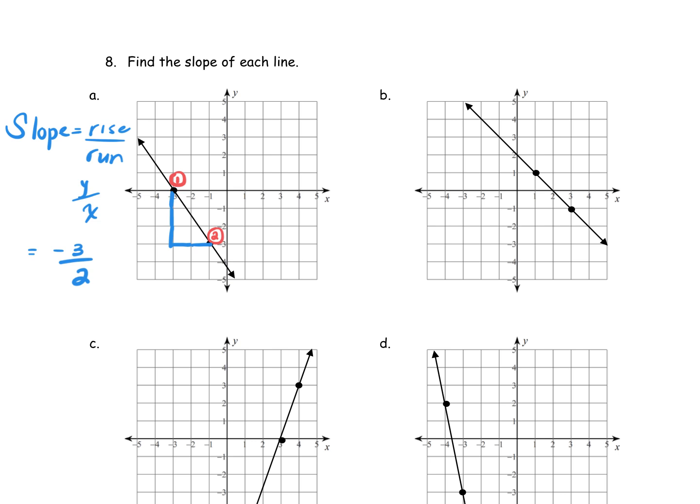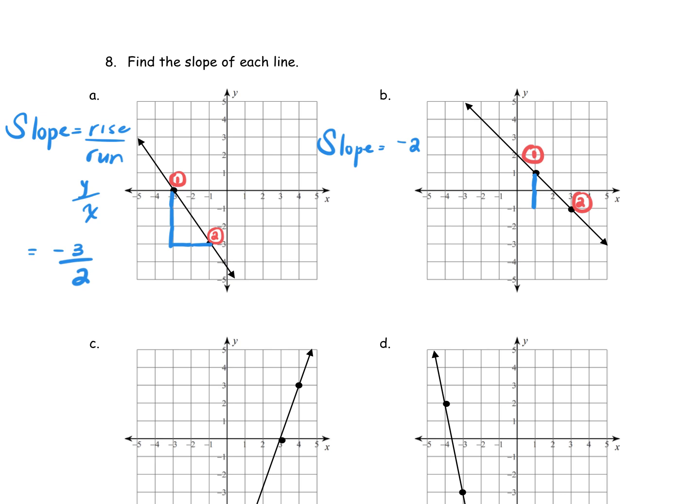If I take a look at part B, going between here, looking from left to right, my first point is sitting at number 1. My second point from left to right is number 2. So if I count this, notice that your line is going down. So I'd be going down 1 unit, 2 units. So then on here, my slope would be a -2.